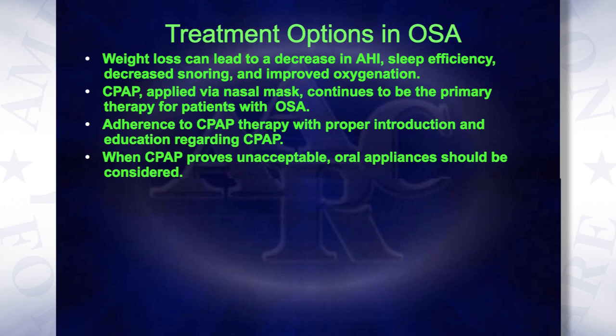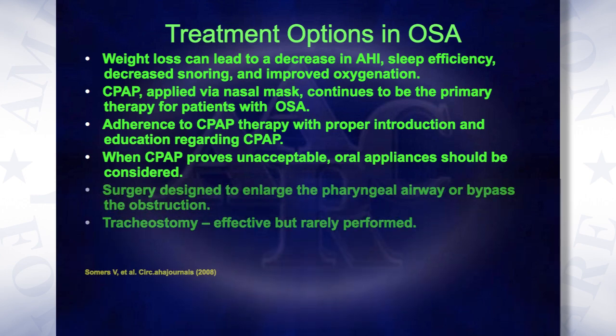So education is very important to find out any problems or understanding of the importance of wearing it, plus troubleshooting the patient's devices to see that they're appropriate for them. When the CPAP proves to be unacceptable, then there are oral appliances that can be considered. And really, surgery is designed to be the last step.